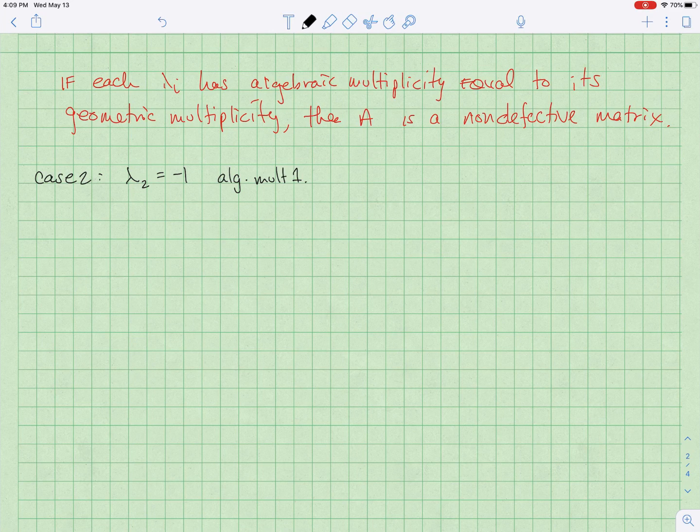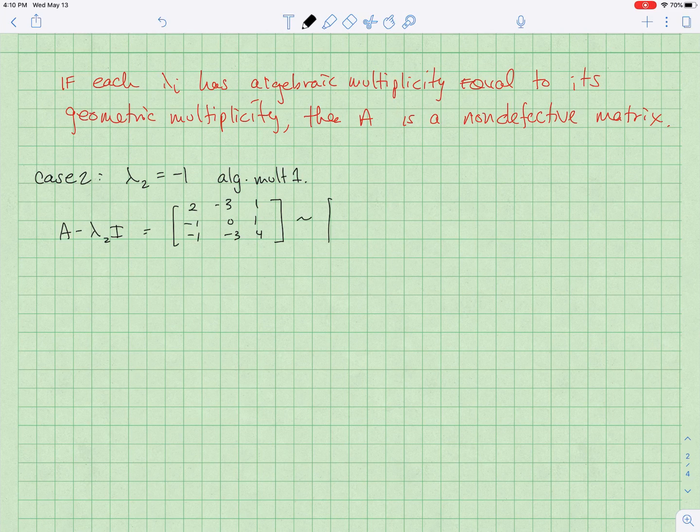But going through the motions here, we have A minus lambda 2 I is equal to the matrix 2, negative 3, 1, negative 1, 0, 1, negative 1, negative 3, 4.